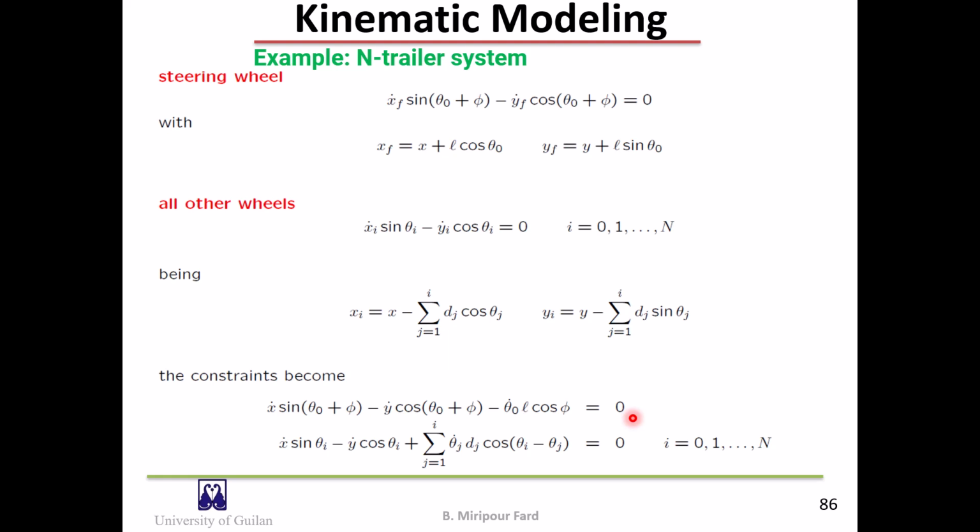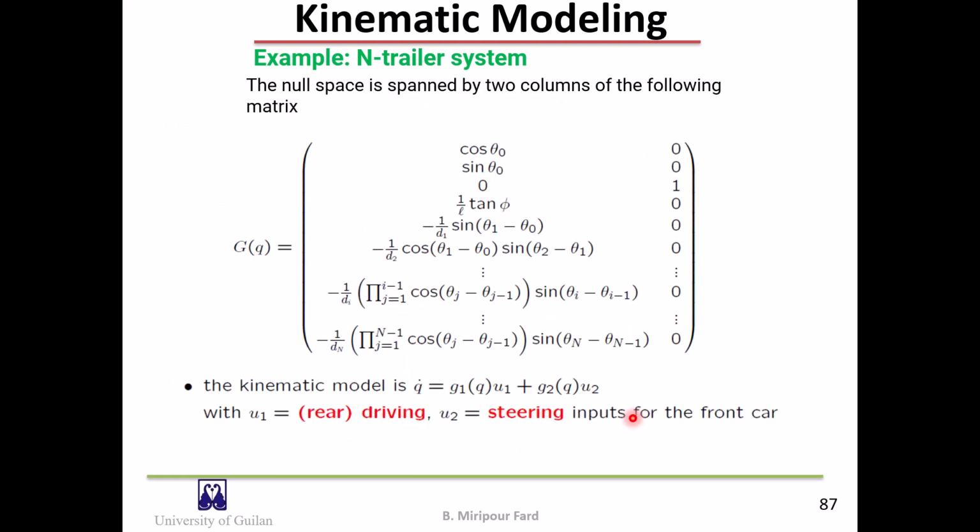That's similar to the car-like robot. With the constraints, we can form the matrix A, and then using the mathematics, we can obtain the null space of A. We will see that the null space of A is spanned by two columns of this matrix, and these vectors constitute the G matrix.